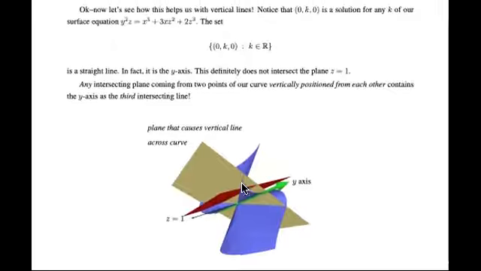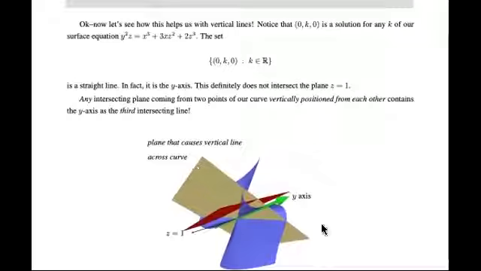So what we're looking at is we take a plane and cut it through that blue surface, and it should intersect. If two of the green lines lie in this plane, then actually a third one will as well, when you take into account multiplicity.